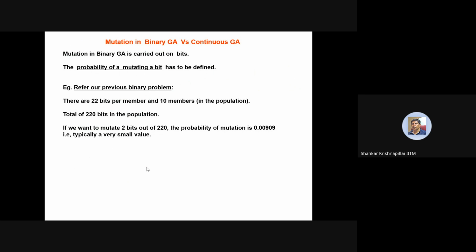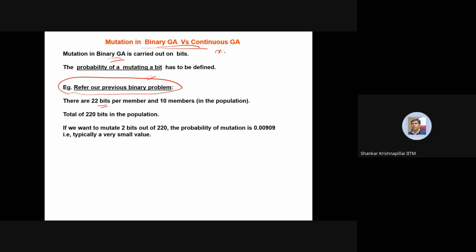Then, mutation in binary genetic algorithm versus mutation in continuous genetic algorithm. What is the difference in specifying these things? Mutation in binary genetic algorithm is carried out on bits, so the probability of mutating a bit has to be specified. Refer to our first worked example, where we tried the binary genetic algorithm on a single variable objective function. There are 22 bits per member and a total of 10 members.